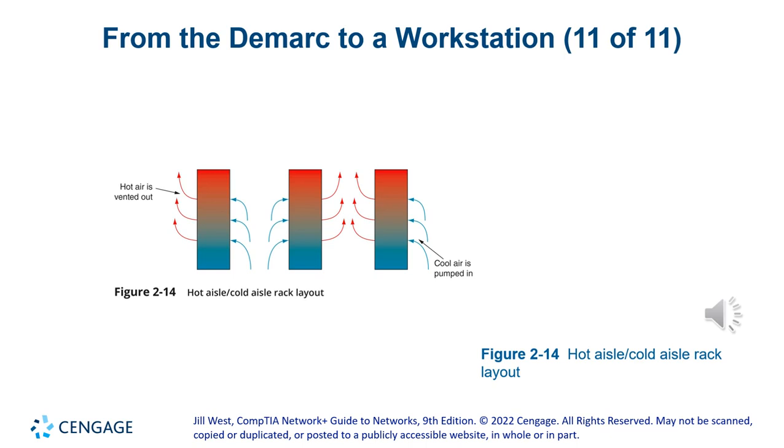Why not the other way around? Well, you don't want the one on the right side to suck in cold air, go through the equipment and heat it up, and then throw it into the next one behind it. That one will be absorbing warm air, heat it up even more, and then push it to the back and then to the third rack, and the third rack will get all the heat from everything. So that's why you need to have a cold aisle and a hot aisle.